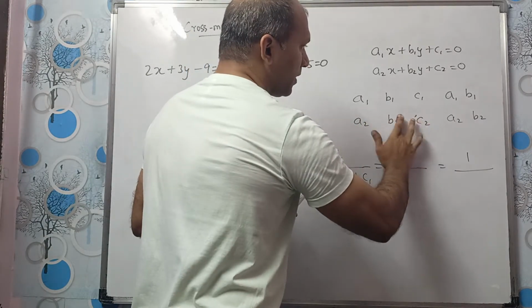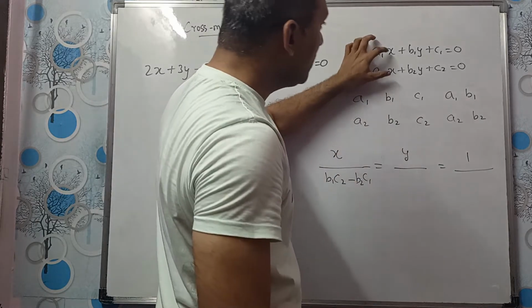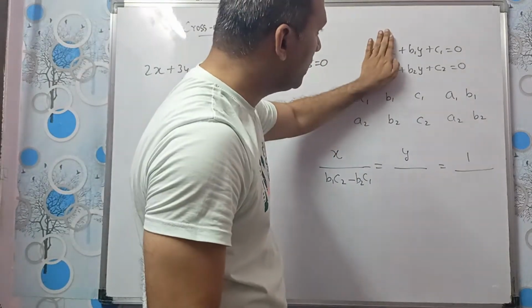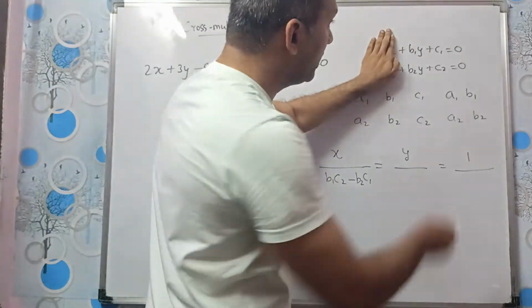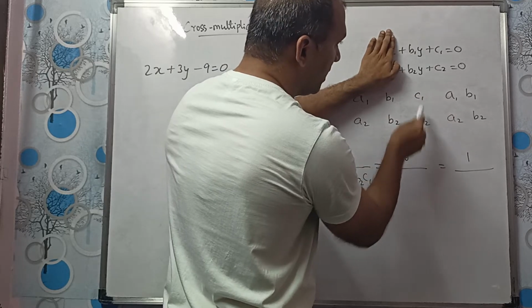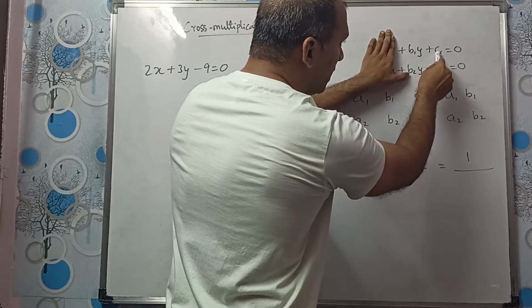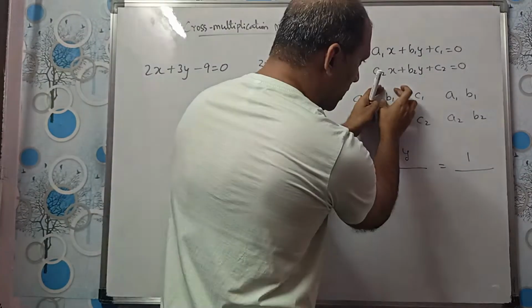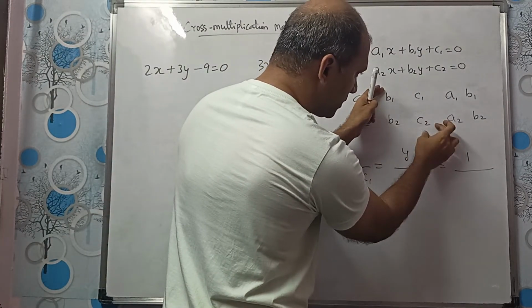See, when we want to find the value of x, we don't take the coefficients of x now. We take the other coefficients. b1 multiplied by c2, and then b2 multiplied by c1 with minus sign. When we multiply from top to bottom like this, we write plus.